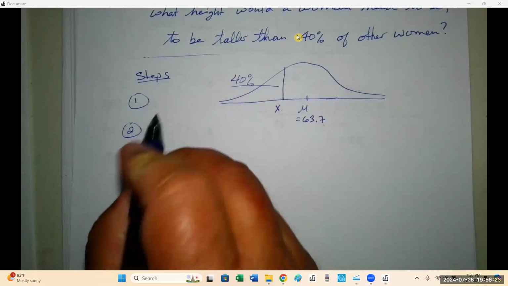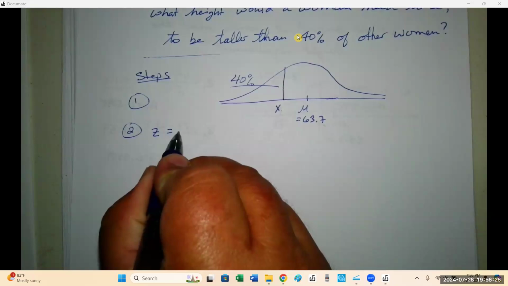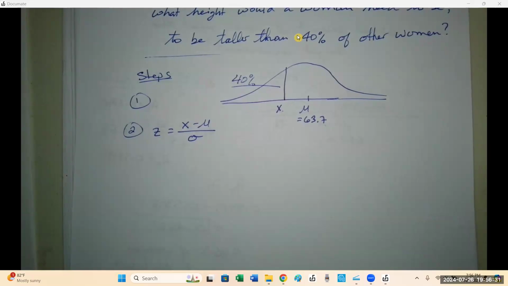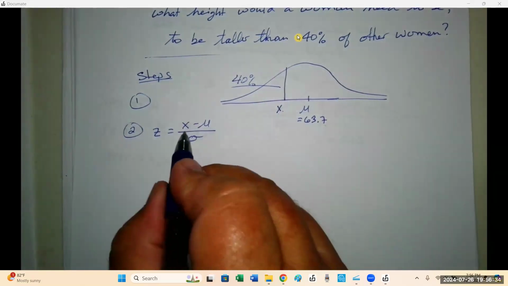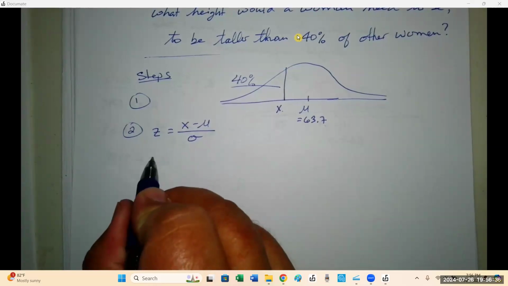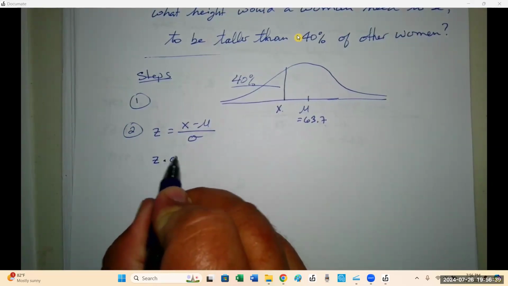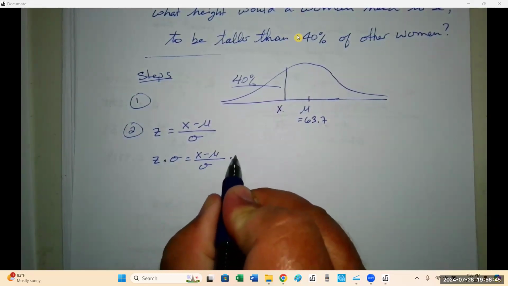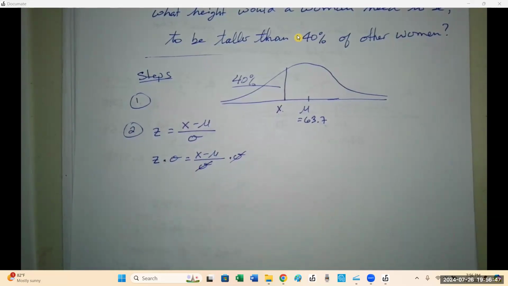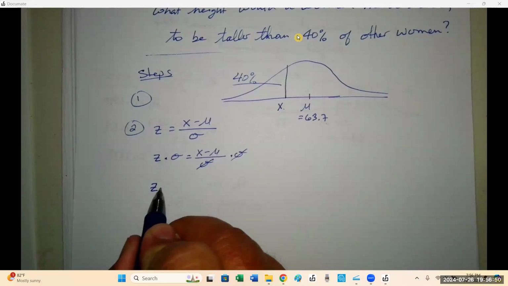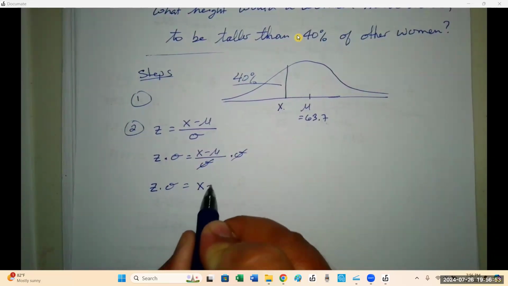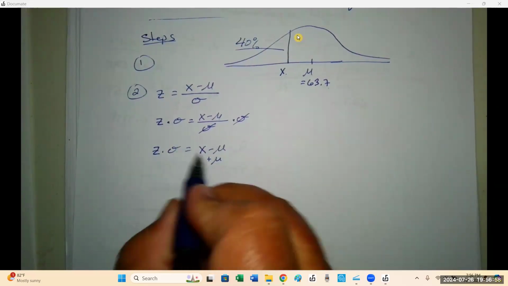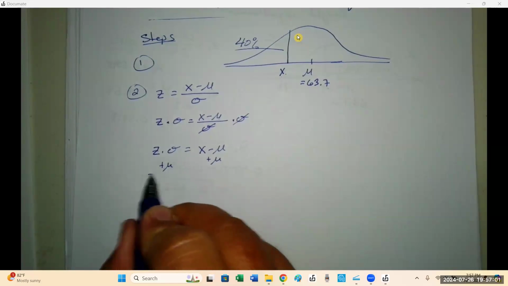So the second step, Z is equal to our formula, X minus mu over sigma. We're looking for X. So first thing we do, multiply both sides by sigma. So I have Z times sigma equals X minus mu. We're solving for X, so we get rid of the mu by adding mu to both sides.